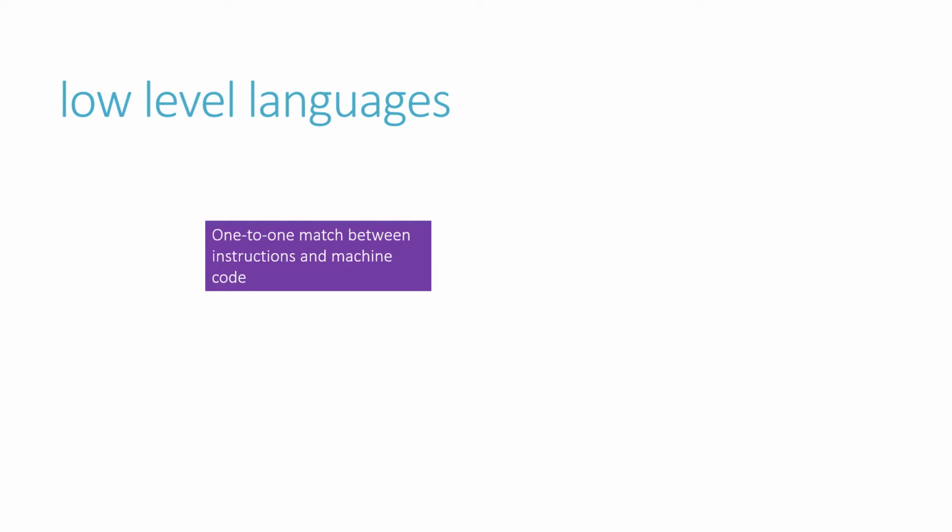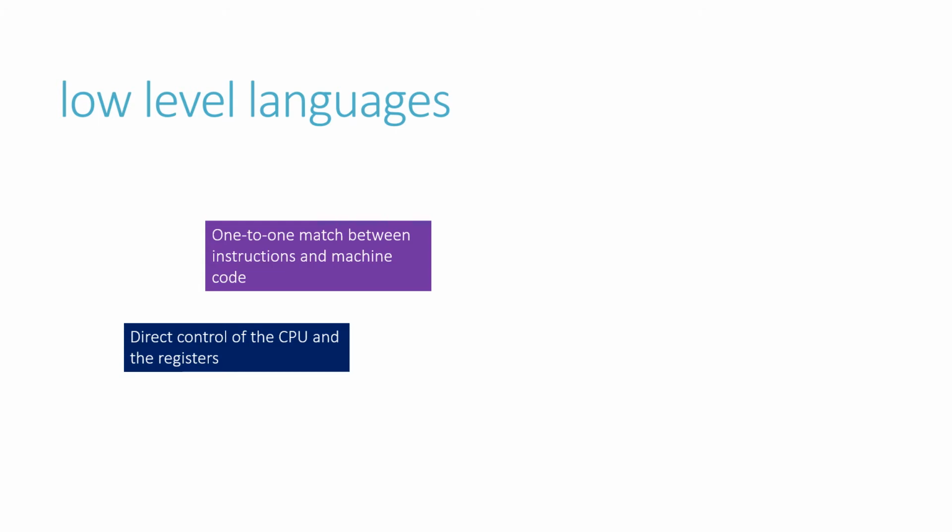In all low-level languages, there is a one-to-one or more or less one-to-one match between the instructions written in the language and the numbers of machine code. This gives you better control over the processor itself and the individual registers.